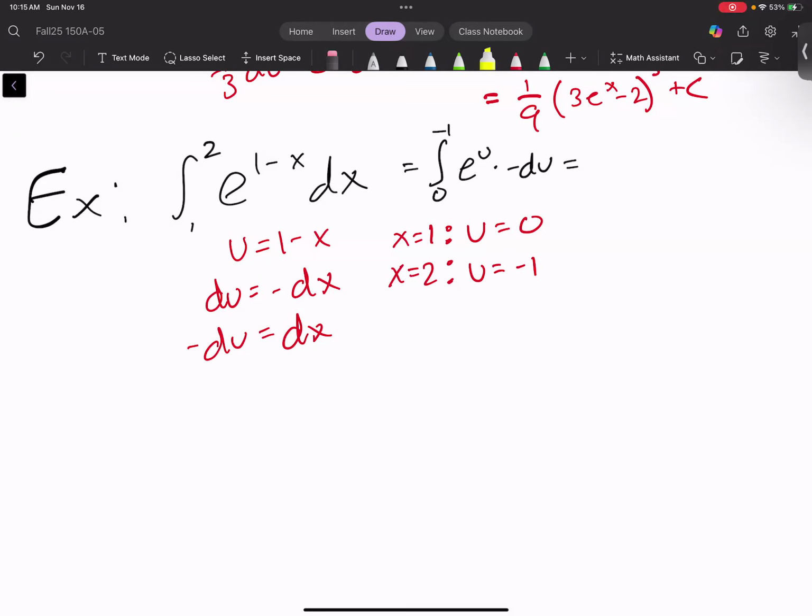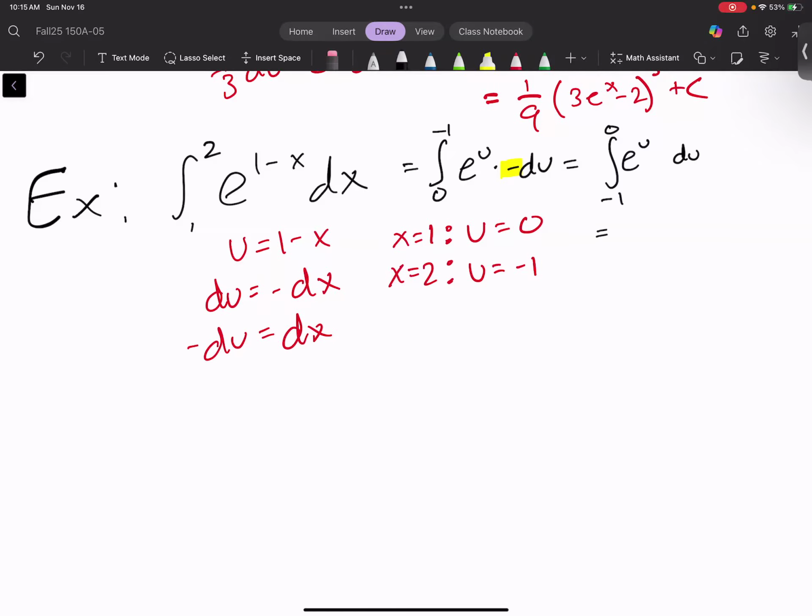Remember what I said, when you flip the bounds, you get a negative. If we flip the bounds here, I'll have another negative, so I have two negatives. They cancel and I can ignore them.